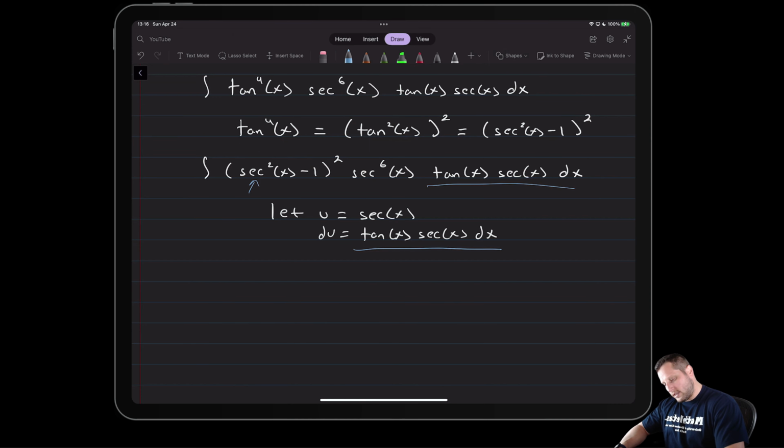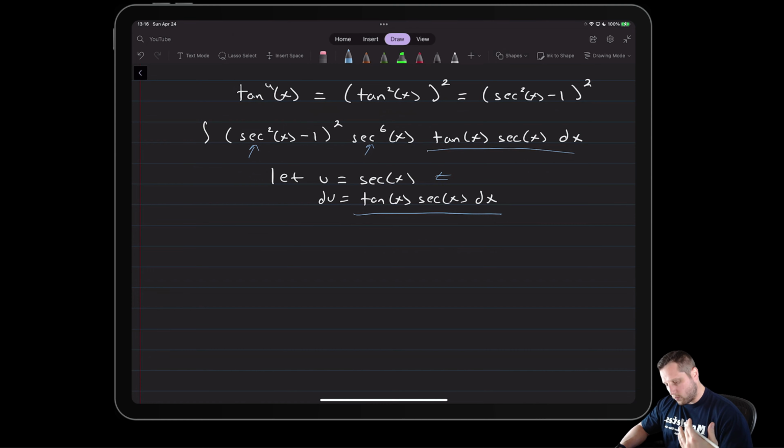We have a secant and a secant to a power, and our u is secant. So we are ready to swap out for the du and replace everything with our u inside. So this integral becomes the integral of u squared minus 1 squared times u to the 6th du.